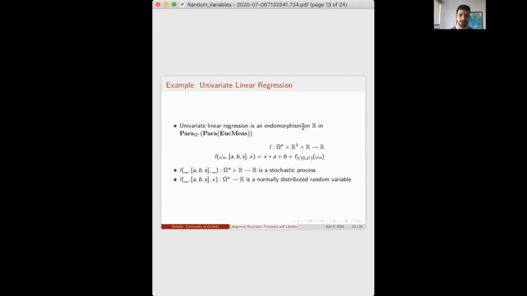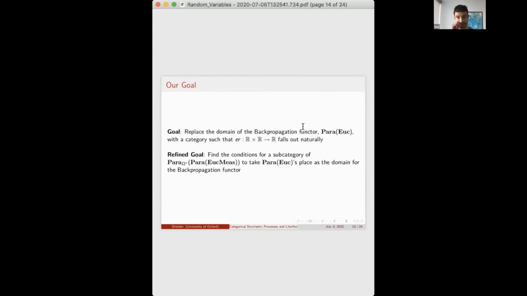So the arrows in our para omega para UCMES are explicit representations of a parameterized model along with the distribution that describes its outputs. This now allows us to loop back to where we were at the beginning.